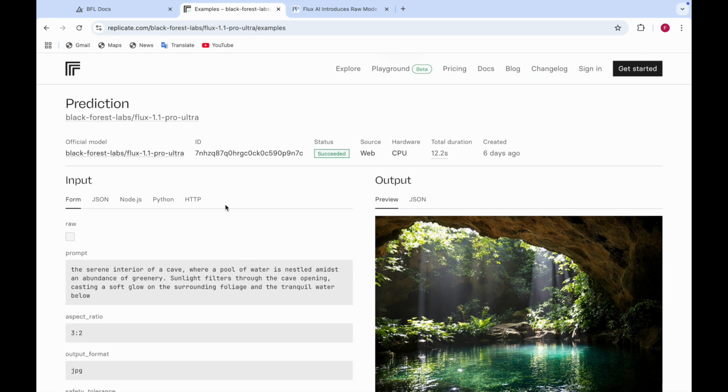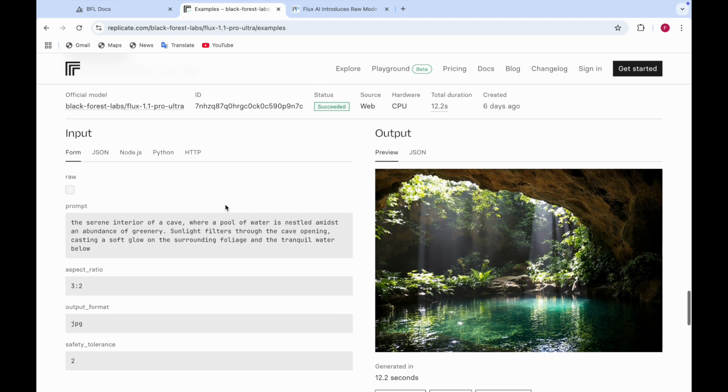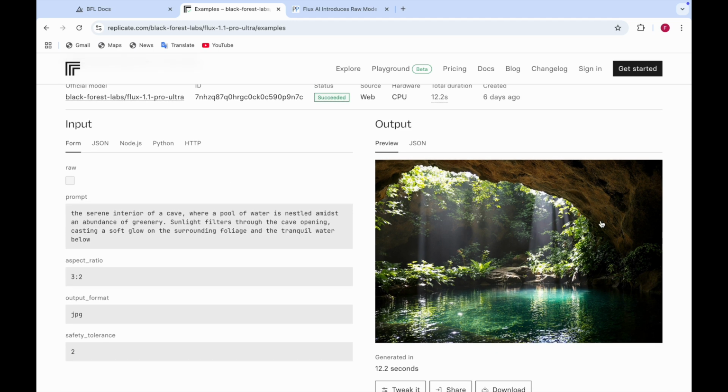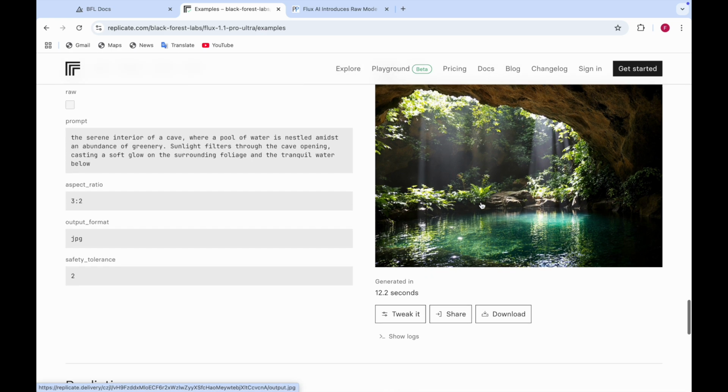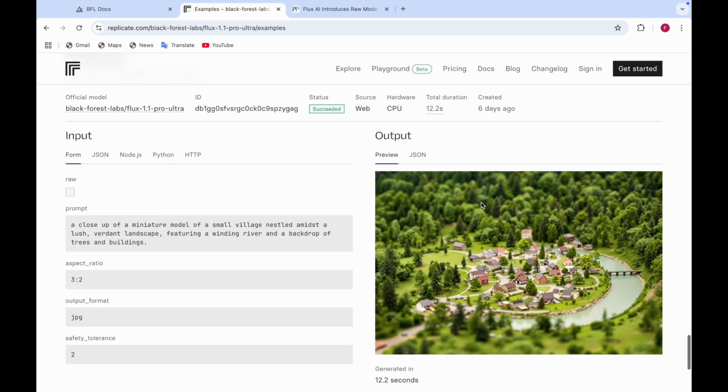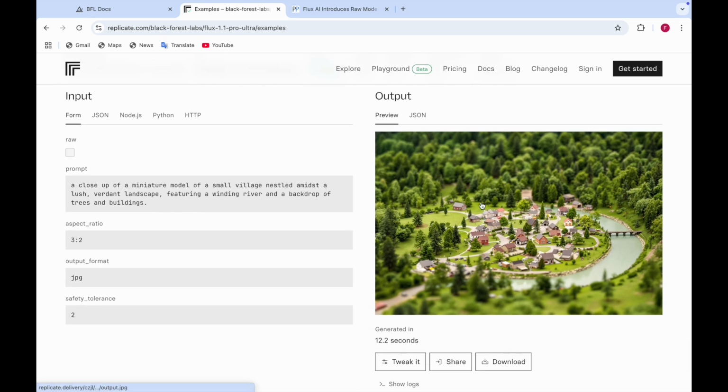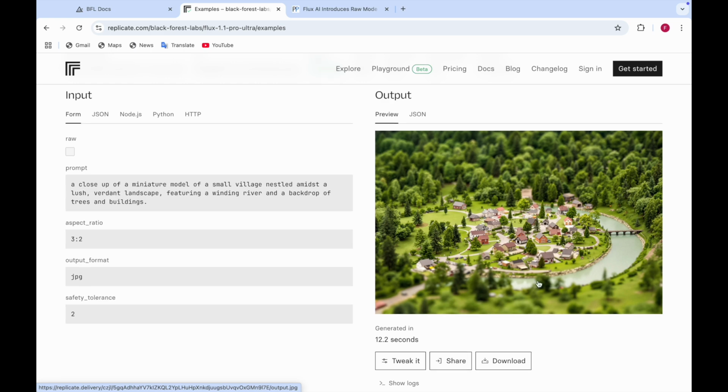And here you see the interior of a cave, in which there's water, and some trees, and light coming from it. This one looks like a miniature model of a small village, which is surrounded by lush green trees. And there's a bridge, and you can see the water.